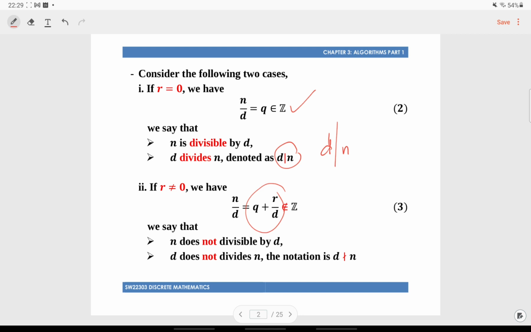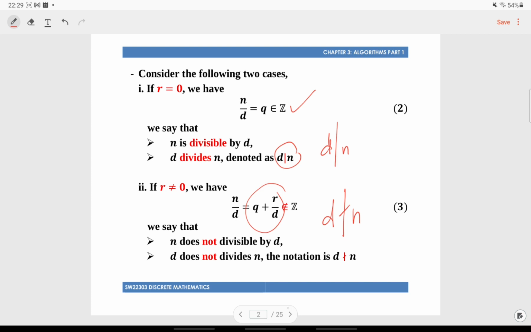In other words, we also can say that d does not divide n. So instead of putting d and n on either side of the line, we do it like this, with a slash, to indicate the negation. That means d does not divide n.